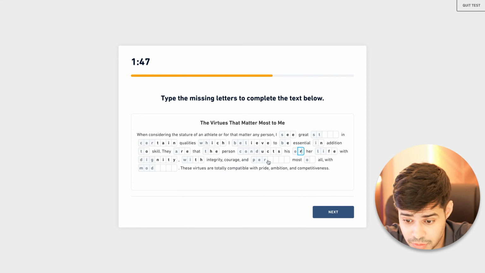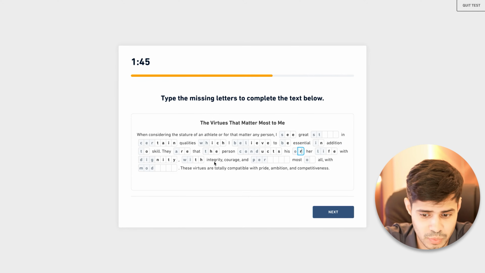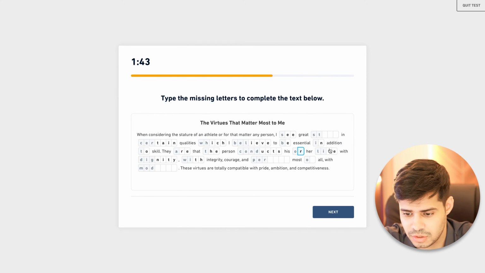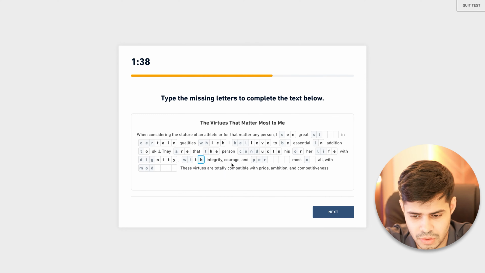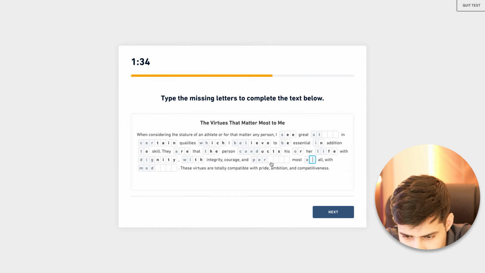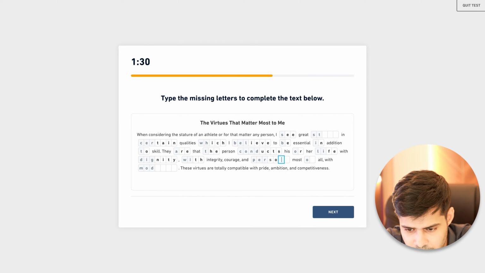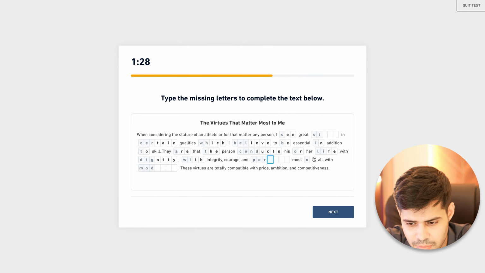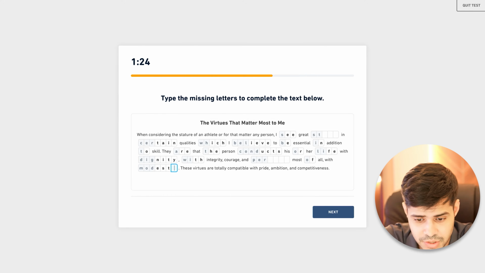Conducts his or her life with dignity, with integrity, courage, and most of all, with modesty.